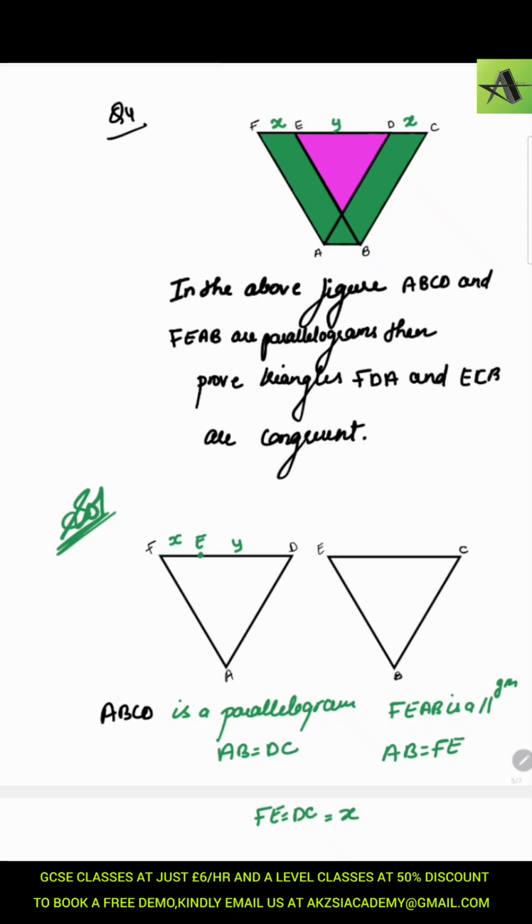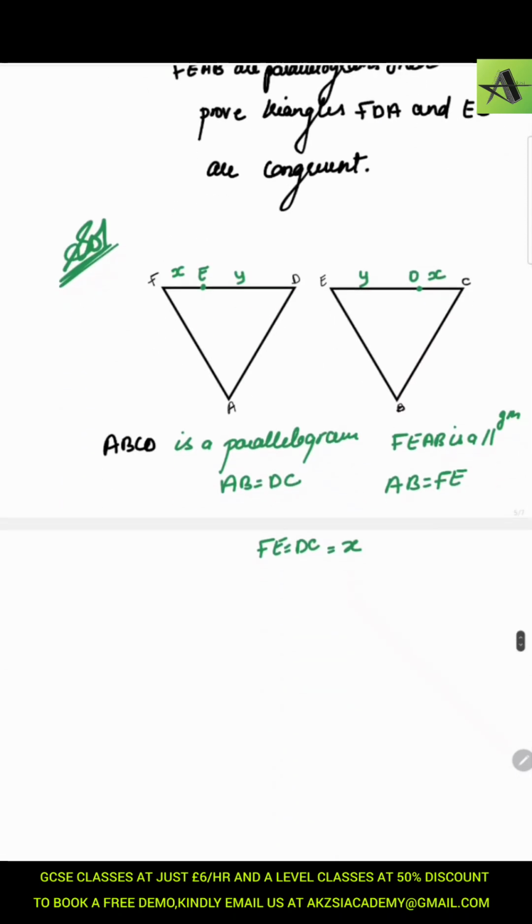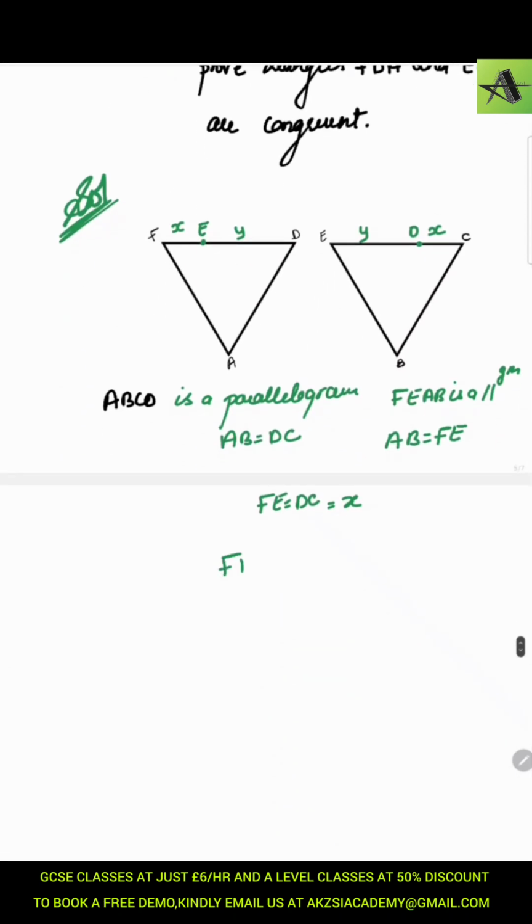By the same logic, if I look into EC, EC is here. D is the point there. I just explained that DC is also X, and ED we assumed as Y. So FD is X plus Y and EC is also X plus Y. So I can say that FD equals EC.